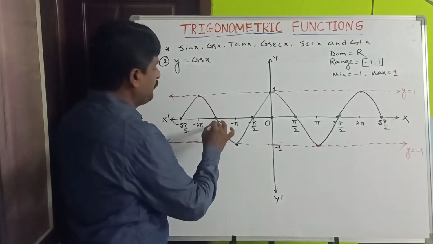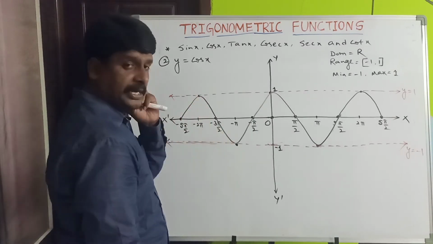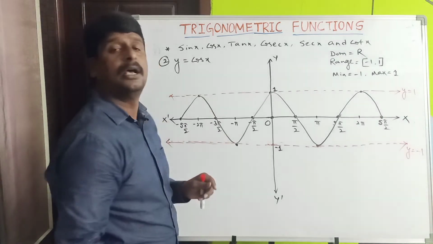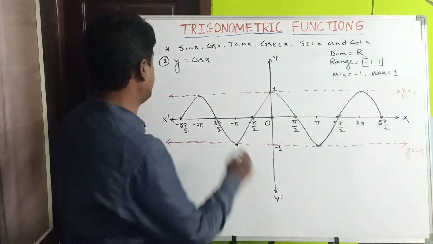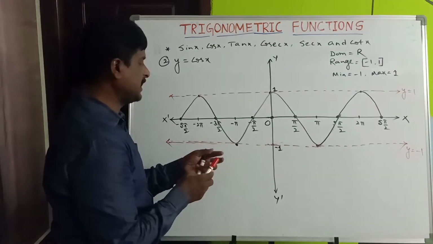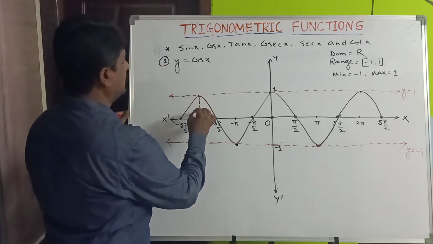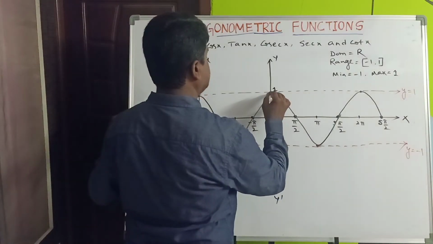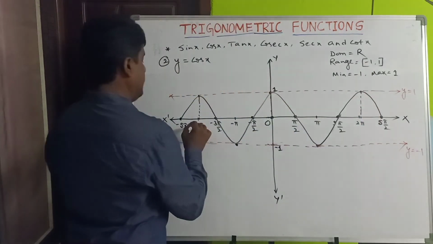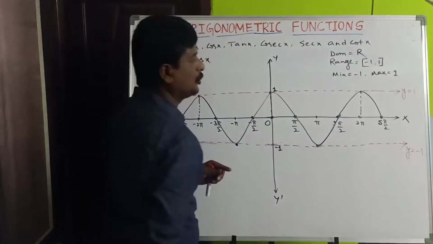What about its differentiability? It is also differentiable, meaning it has no sharp edges and no discontinuous points. That's why it is differentiable everywhere. And also observe that cos x reaches maximum height at x equals -2 pi, x equals 0, x equals 2 pi.